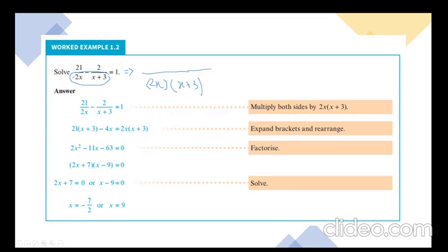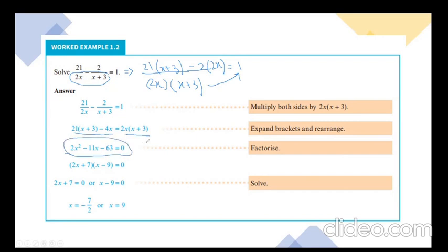Then 2x cancels out, so 21 into x plus 3 minus 2 into 2x equals 1. Multiply this side's denominator with the 1. So this becomes 21 into x plus 3 minus 4x equals 2x into x plus 3.